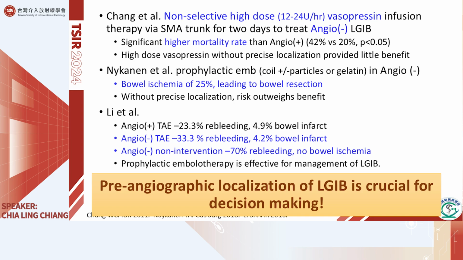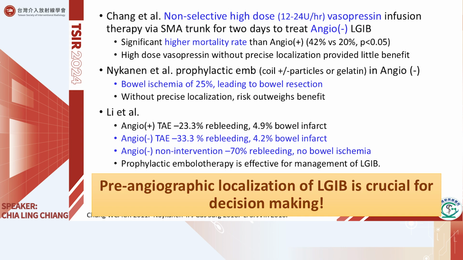However, the result is worse compared to the angiopositive group, with a higher mortality rate, because high-dose vasopressin without precise localization provides little benefit. Another study used coils, particles, or gelatin sponge for prophylactic embolization in angionegative patients. The bowel ischemia rate is 25%, leading to bowel resection. That's because without precise localization, risk outweighs benefit.